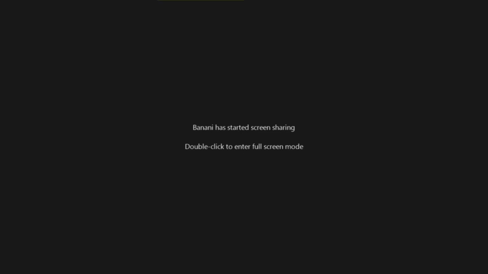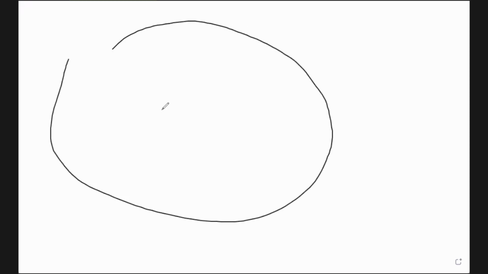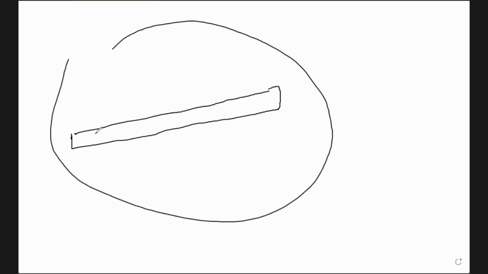Yes, twice of it. I say that this is my universe. Now I take a scale ruler, imagine a hypothetical scale through which I measure the distance, and this distance is 1 billion light year.